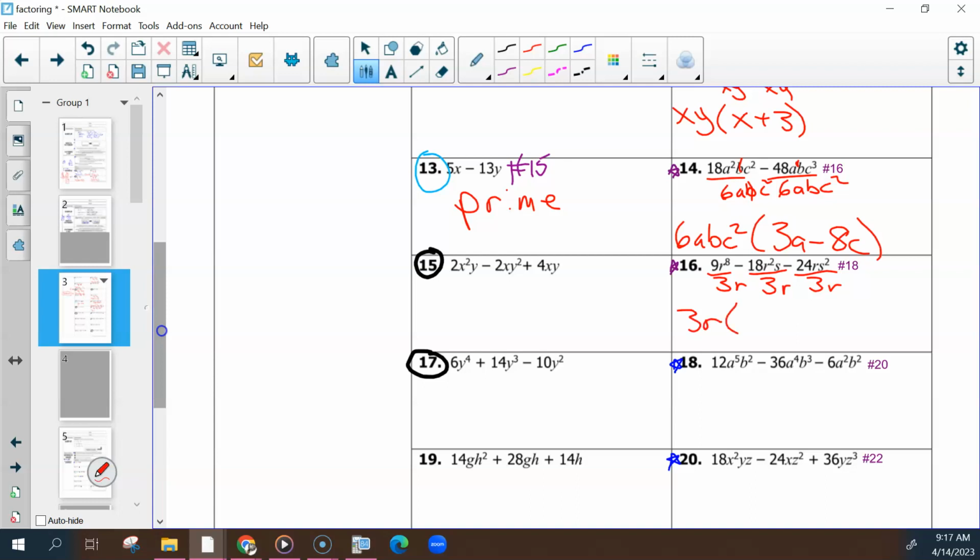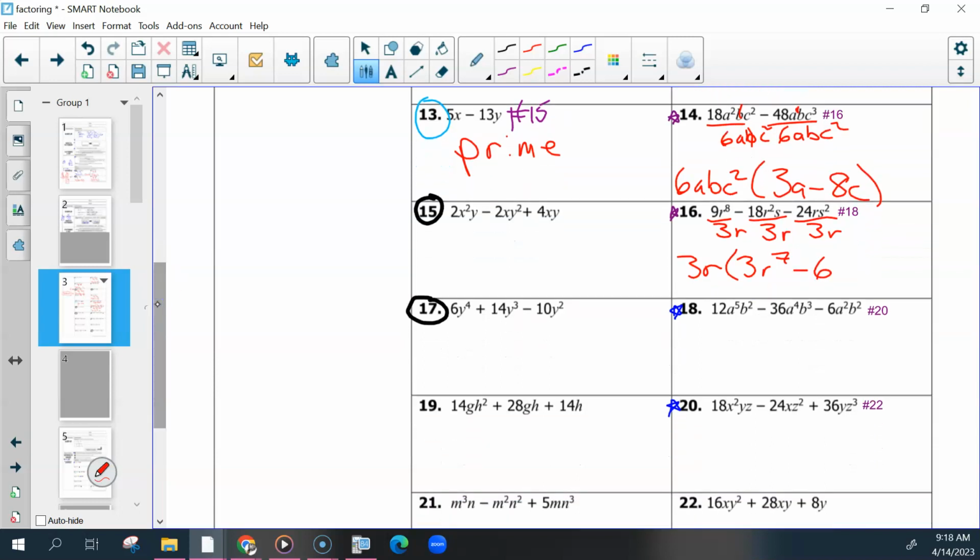What's left? 6. Keep going. And anyone can chime in. RS minus.